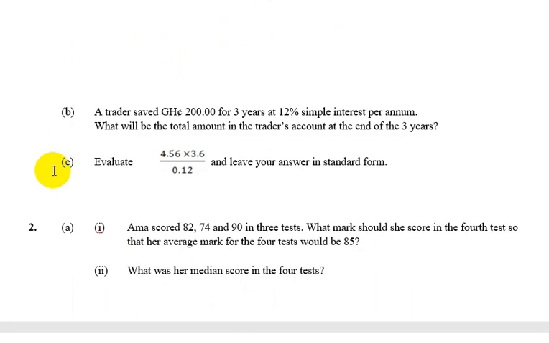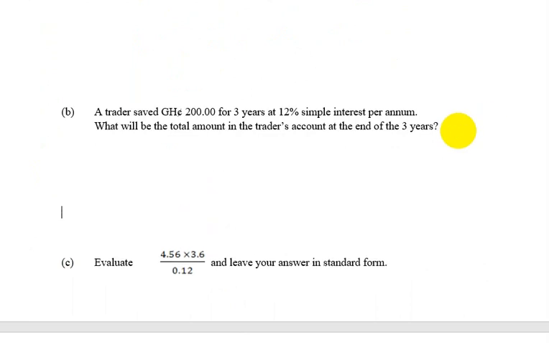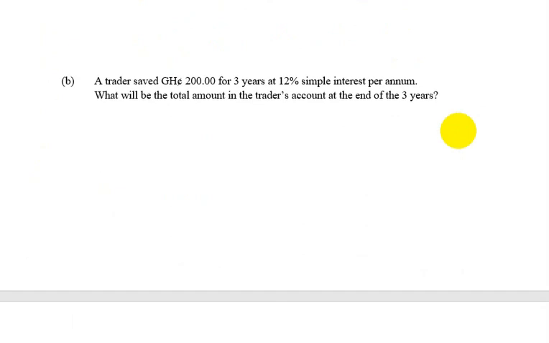They are saying that a trader saves 200 Ghana cedis. So that's the amount that the person saved, the principal money that he saved. So with that one too, the principal money is 200 cedis. The time is 3 years.